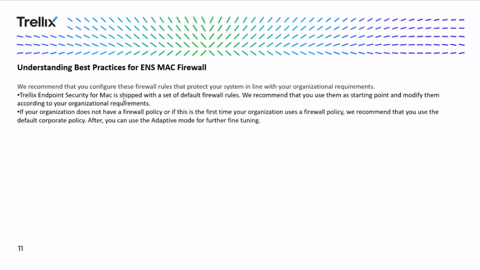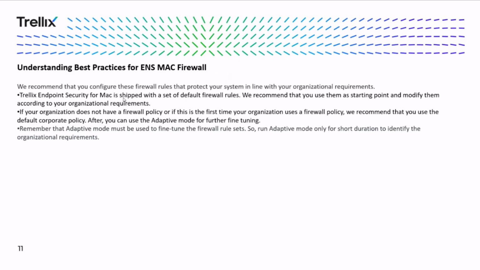If your organization does not have a firewall policy, or if this is the first time your organization uses a firewall policy, we recommend that you use the default corporate policy. After that, you can use adaptive mode for further fine tuning. Remember that adaptive mode must be used to fine tune the firewall rule set, so adaptive mode only runs for a short duration to identify the organizational requirement.